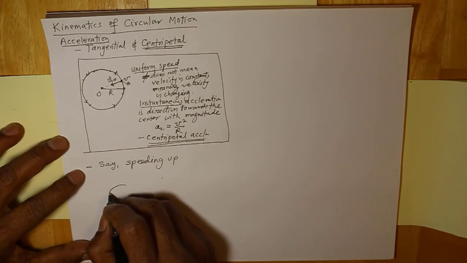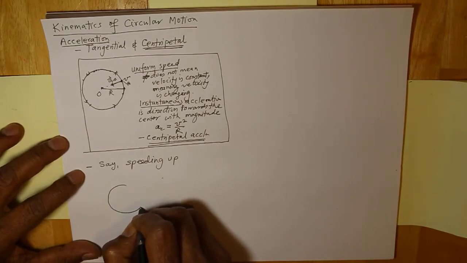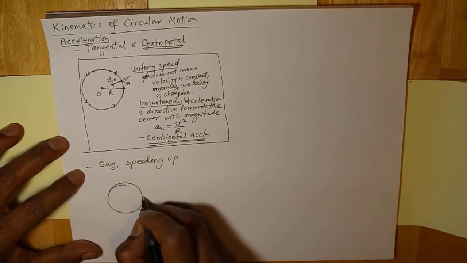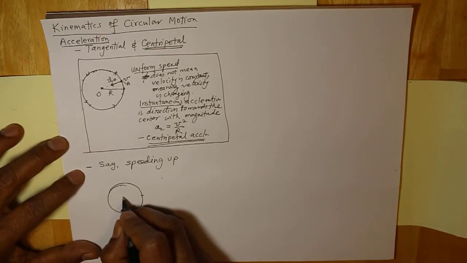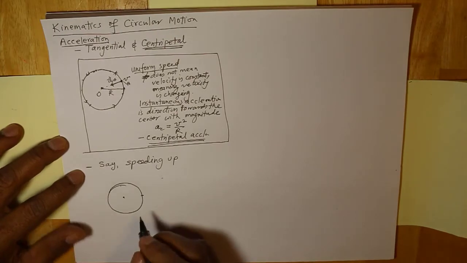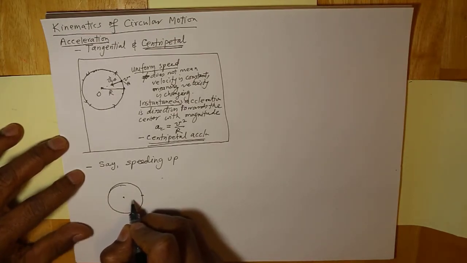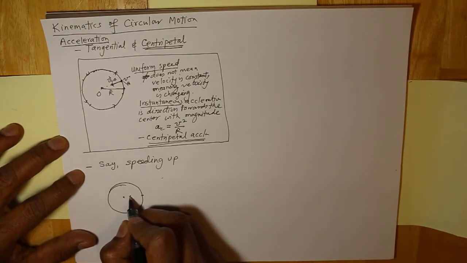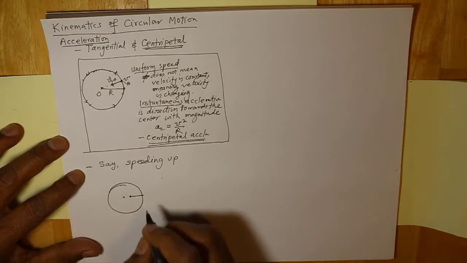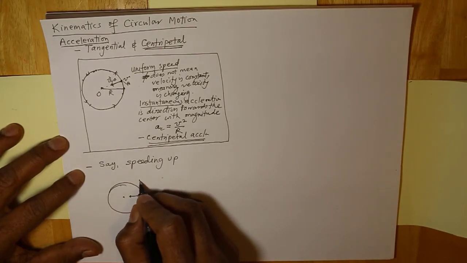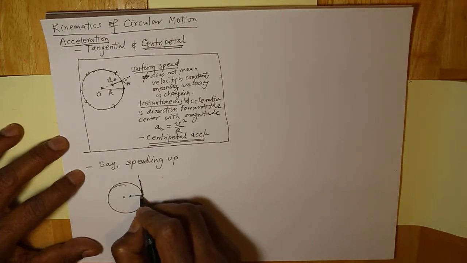If I draw this, at this instant over here, of course you're going to have the centripetal acceleration, and then because it's speeding up, consider the tangent to the circle at that point.